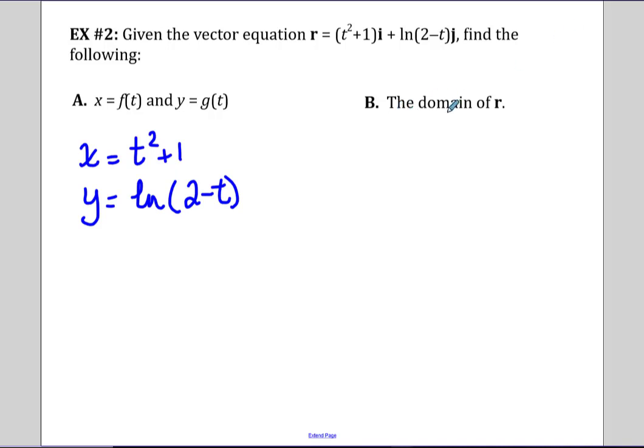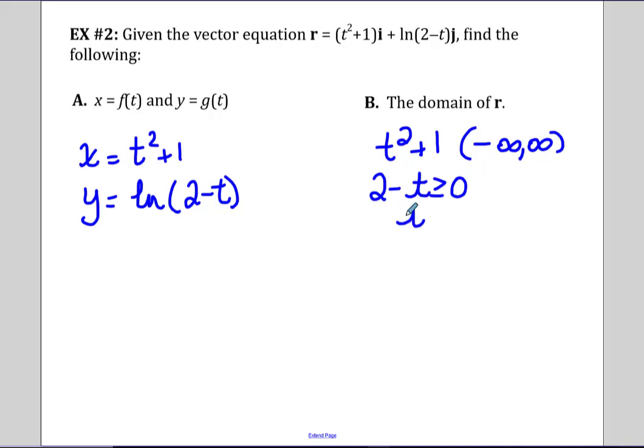Then to find the domain, we want the overlap. We know that t squared plus 1 has a domain of all reals, that's just a parabola, and natural log of 2 minus t has a domain where 2 minus t has to be bigger than 0, so t has to be less than 2. And like I said, we want the intersection of the components.